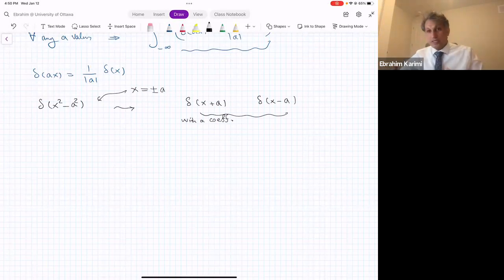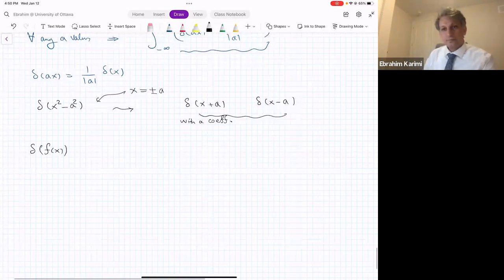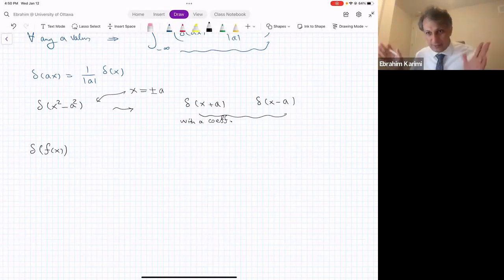So now the next theorem is dealing with that. Assuming that you have a delta of f of x, which is a function of x, can be x squared minus a squared, or x to the power of 3, or sine of x, or any function, okay? What is the value of this?